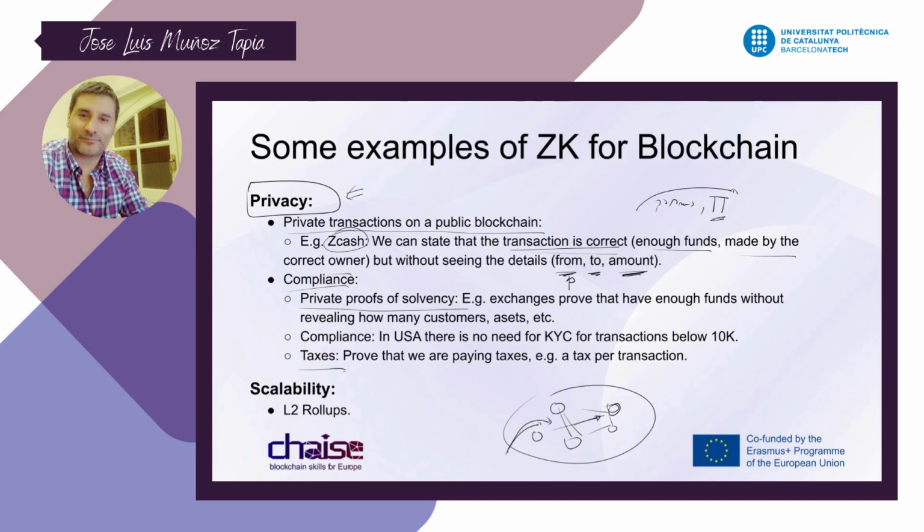I want to create a transaction where you will not know the from or the to, but I'm paying the taxes correctly, and we can use zero knowledge to prove these things.